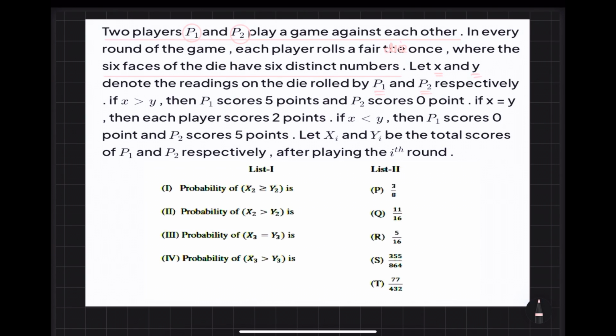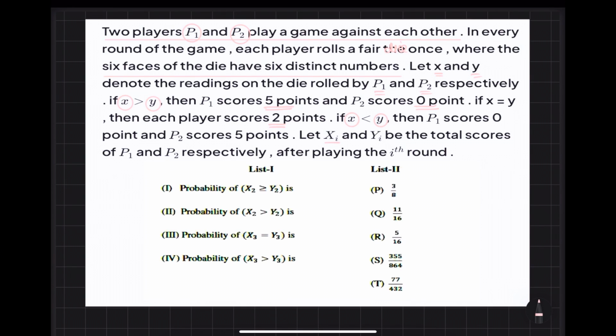If X, my score, is bigger than yours, I will get 5 points, you will get 0 points. If X and Y are equal, we will share points: you will get 2 points, I'll get 2 points. If your score is bigger than mine, I will score 0, you will score 5 points.